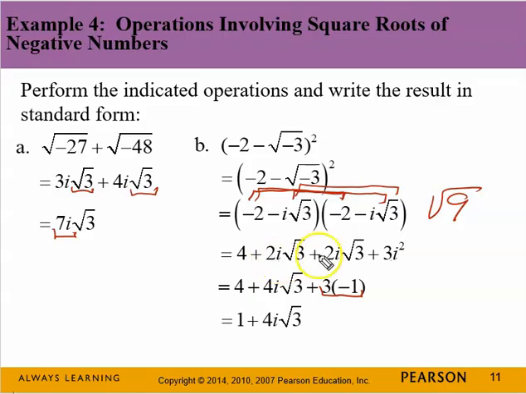We add these together, they're like terms, gives us a 4i square root of 3. And 4 minus 3 gives us the 1. And we've written it in standard form, a plus bi.